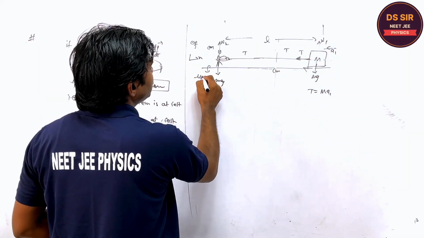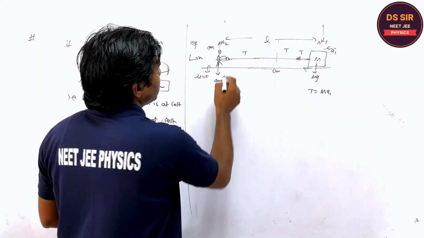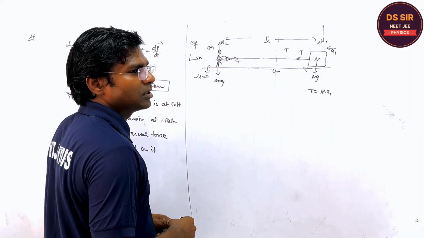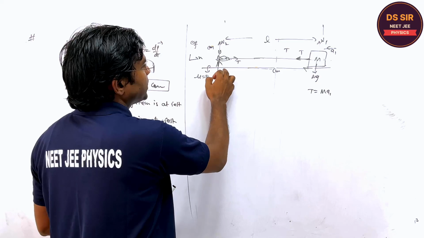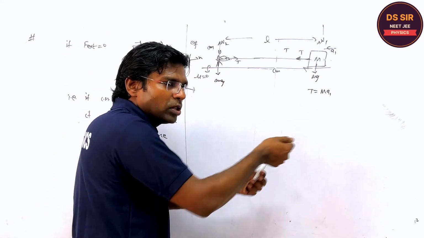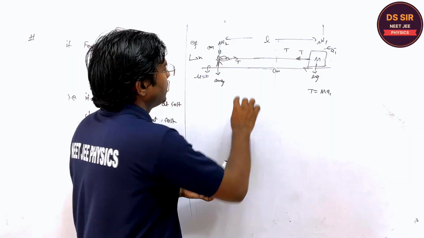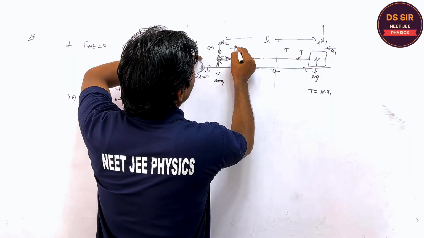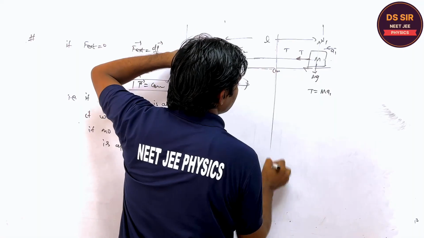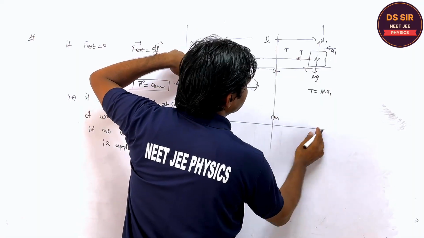There is no friction over here. The tension T is acting on this block, and on this person. So what will happen to this person? If you are pulling a block on a frictionless surface, because of this tension you also start moving in this direction, such that the center of mass remains in its position.